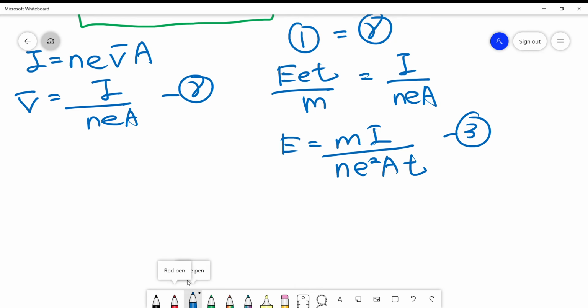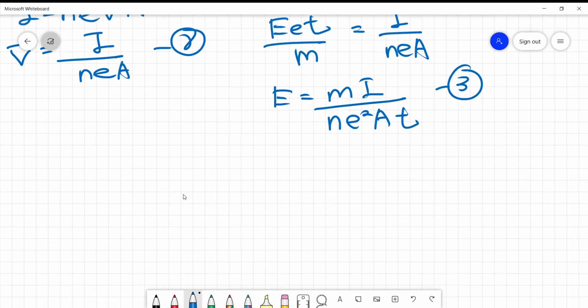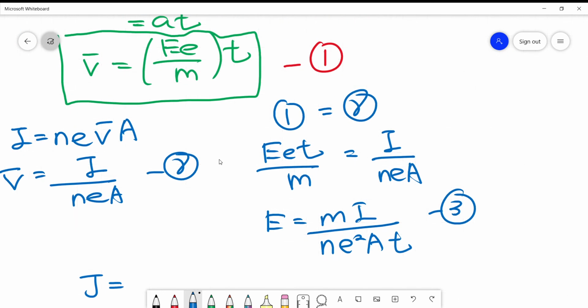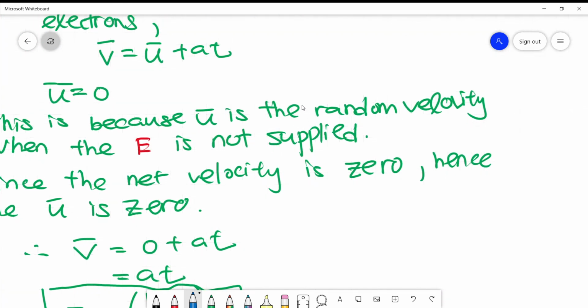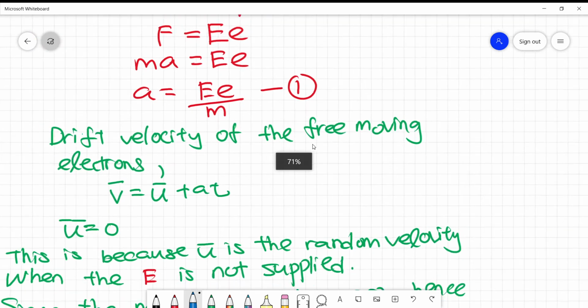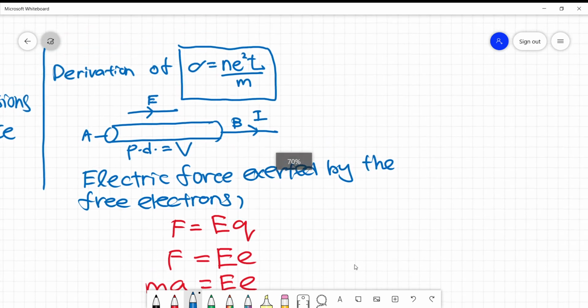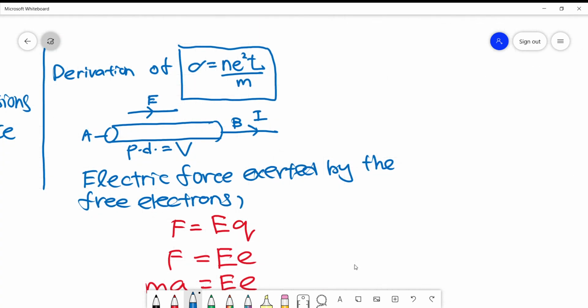After discussing the current, what we have here is the current density. The main formula that we need to derive consists of this sigma, so what we need to do is find out the formula of sigma.